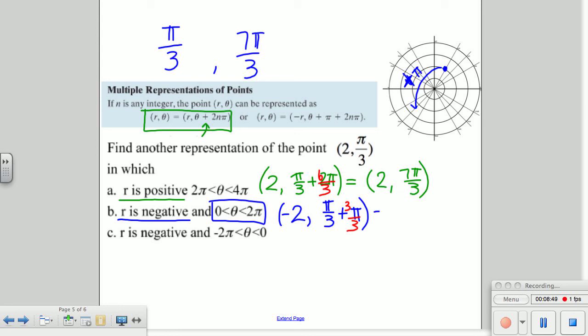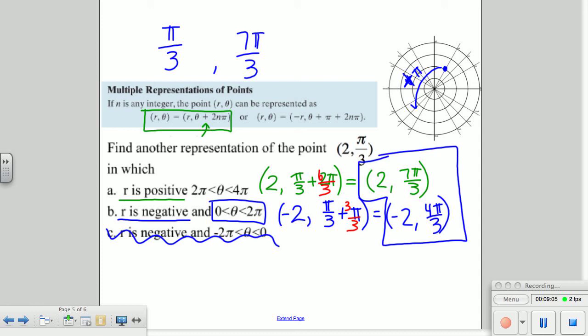So we end up with the point -2, 5 pi over 3. And you can see it's another way to represent the same thing. So both of these are 2 ways to represent the same point, 2, 2 pi over 3.